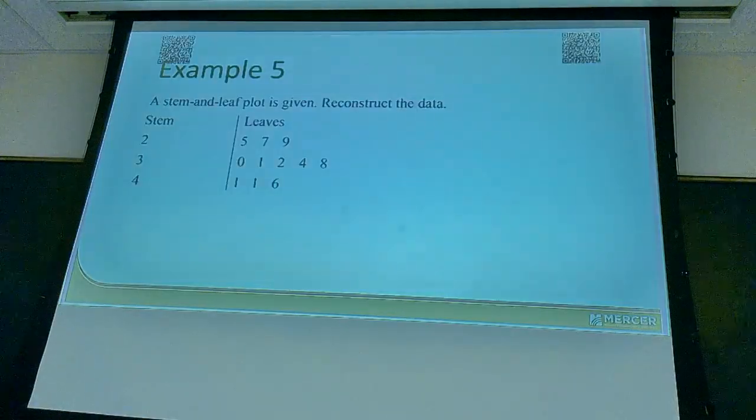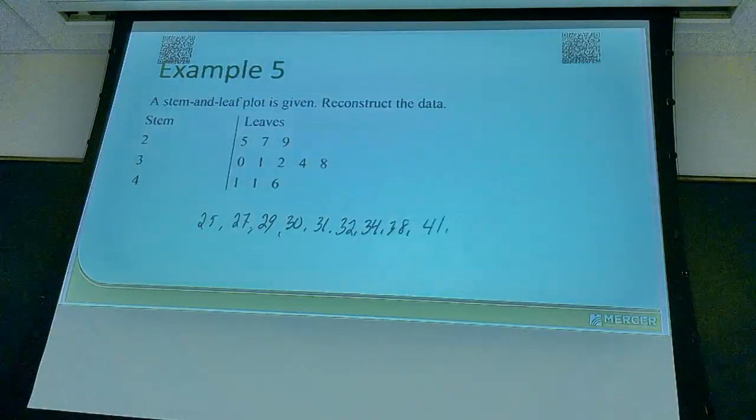And list them in ascending order. Yeah, that'd be your data set, right?